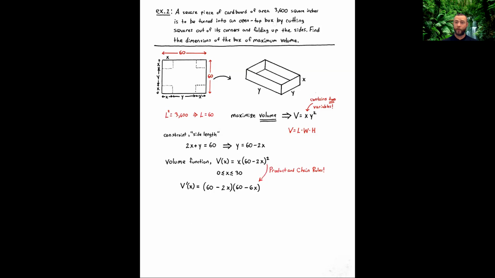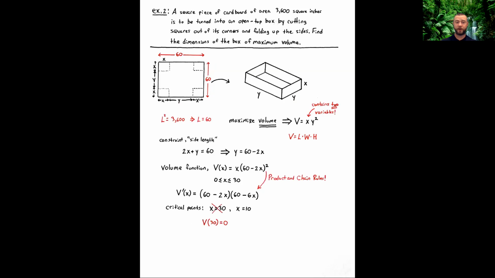It's always defined, so we don't have to worry about the derivative being undefined to find a critical point. We can now just set that derivative equal to 0, and what we get are two solutions, two values for x. The first factor, 60 minus 2x equals 0, gives a solution of x equals 30. The second factor, 60 minus 6x, gives a solution of x equals 10 when we set that to 0.